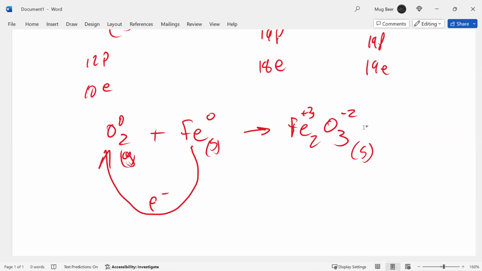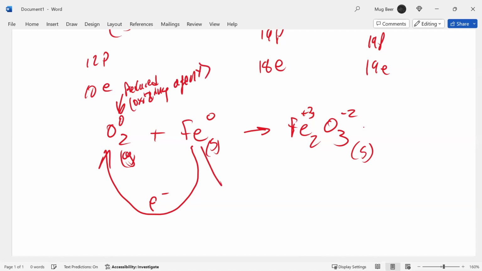All right. So there's another way to talk about it. The other way to talk about it is agents. So you can have an oxidizing agent or a reducing agent. So this thing was reduced, and that makes it the oxidizing agent. It is the thing that oxidized something else.